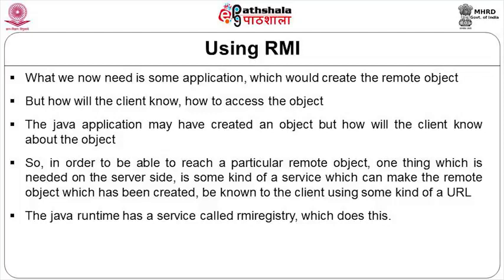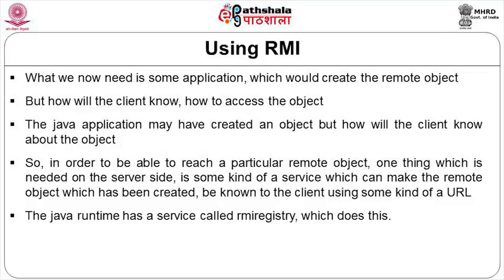This kind of a service is available as part of the Java runtime. The Java runtime contains one service called rmiregistry. It's a naming service where we can register a name, assign a remote object some kind of a remote name, and then that remote object can be assigned to it.